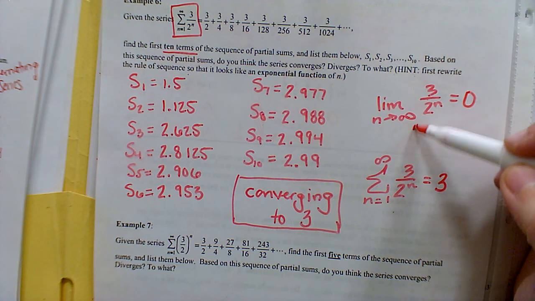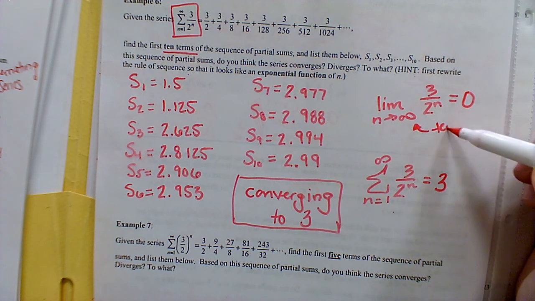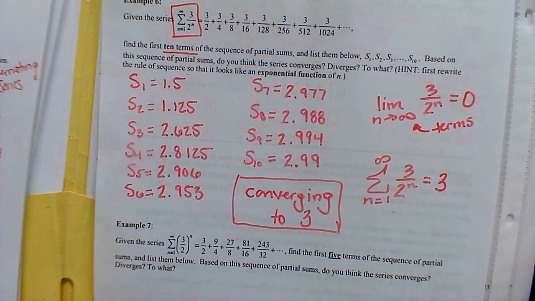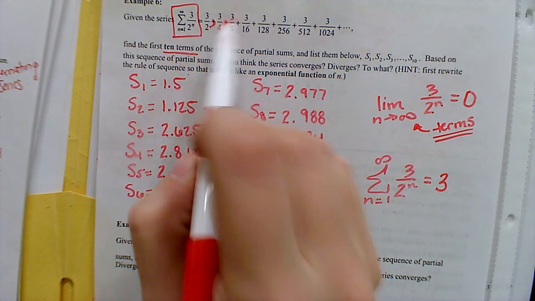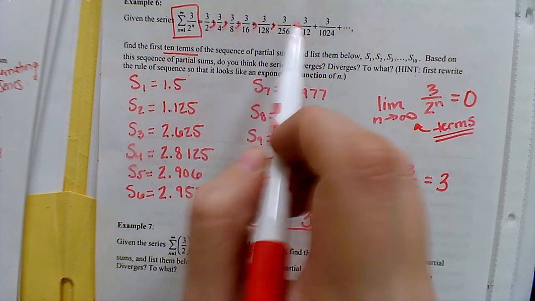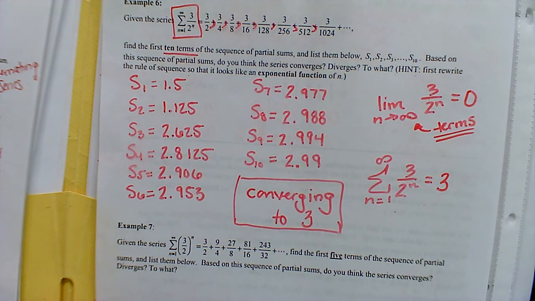Whenever you're analyzing a limit, you're looking at the terms, kind of the sequence. So if we were to put commas in between all of these, the sequence would approach 0, right? The individual terms get closer and closer to 0.